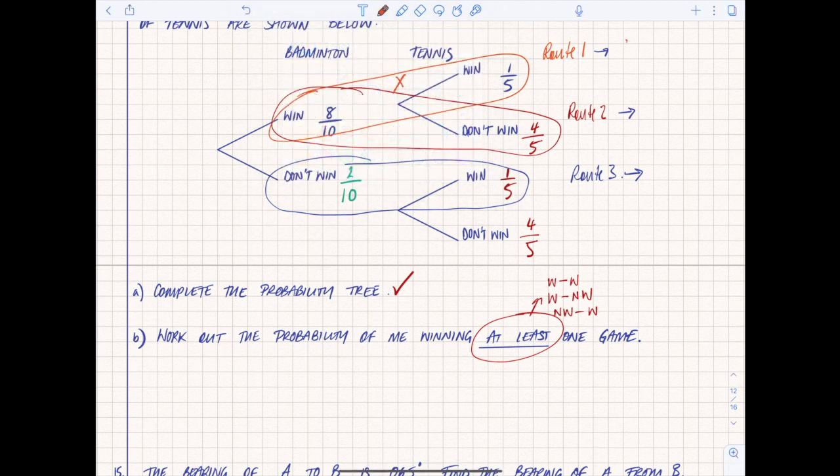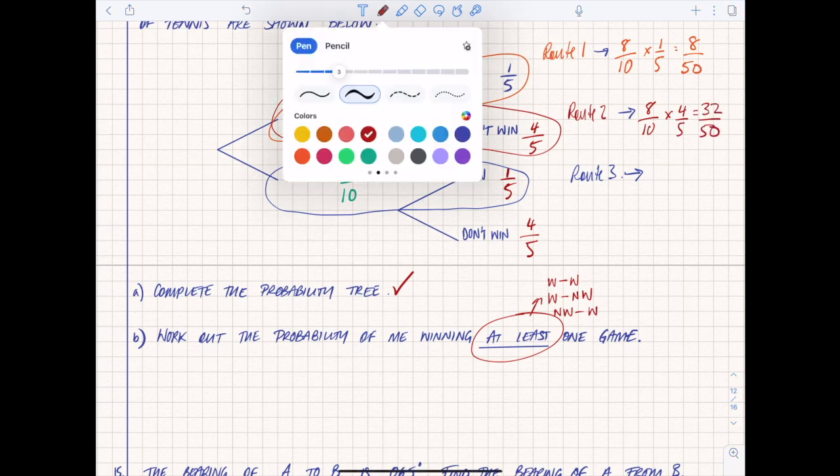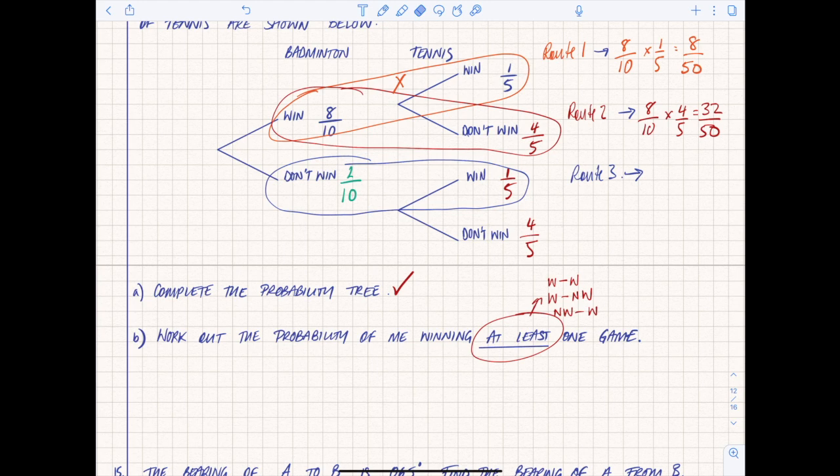So for route 1, you're doing 8 over 10 times 1 over 5, which gives you 8 over 50. Route 2, you're doing 8 over 10 times 4 over 5, which gives you 32 over 50. And then route 3, we're doing 2 over 10 times 1 over 5, which is 2 over 50.